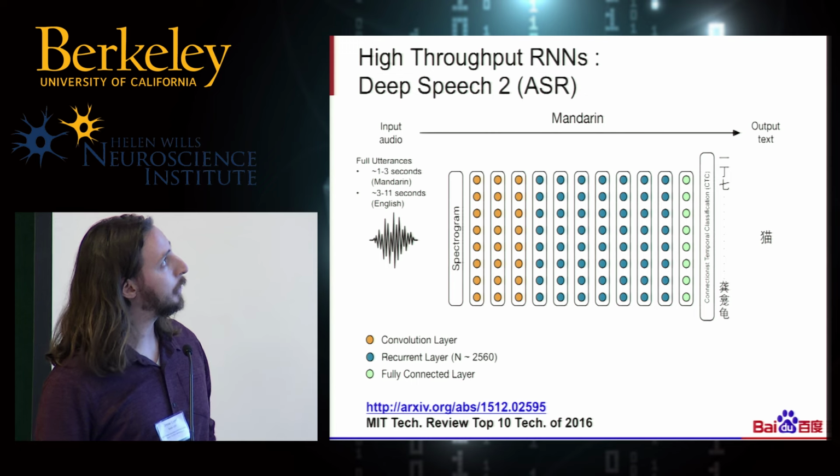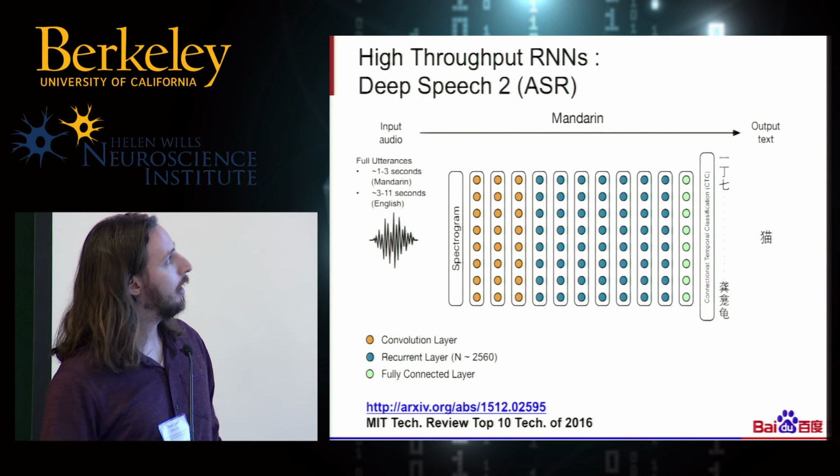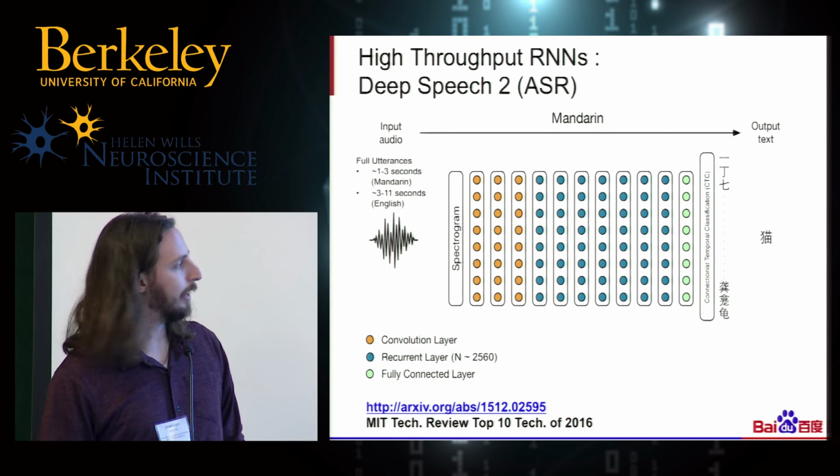So this is the Deep Speech 2 system that was mentioned. We presented this at NIPS last year, and it was rated as one of the top 10 technologies of 2016. The idea here is a speech recognition system that has removed most human engineering from the problem. We take in audio. We do a slight human engineering by doing the spectrogram, although we've started replacing that as well.